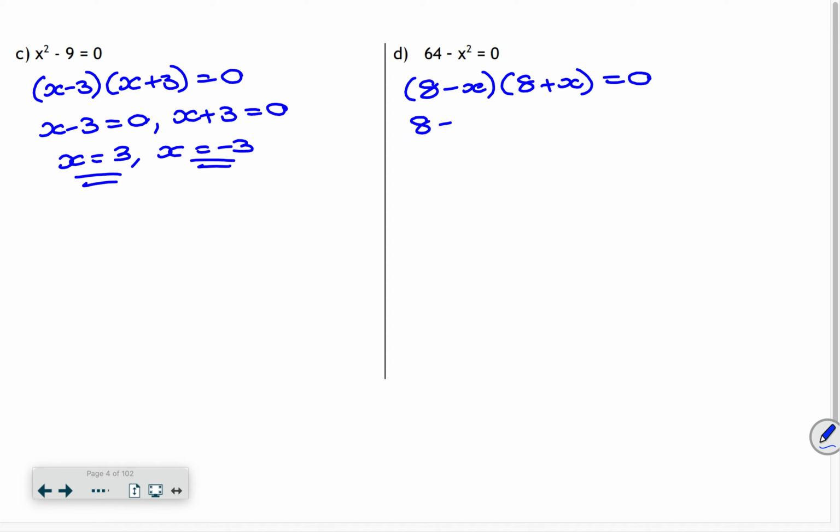So it means that 8 minus x is equal to 0, or 8 plus x is equal to 0. So that means that minus x is equal to minus 8, so x has to be 8 for the first one. And since 8 plus x equals 0, that will give me x is equal to negative 8.